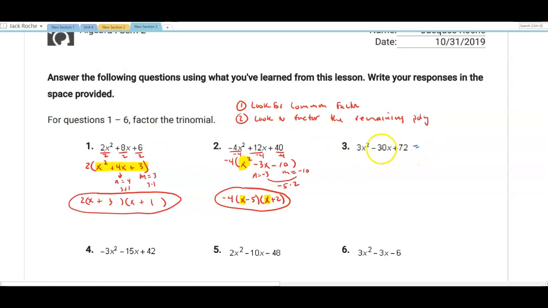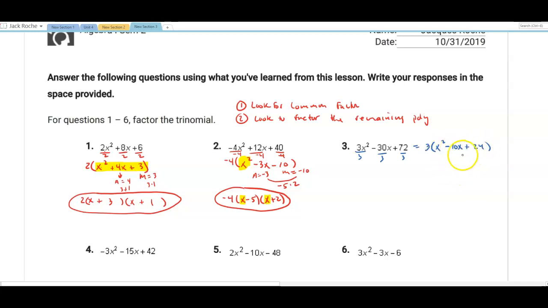The next one, 3, 30, and 72 can all be divided by 3. So 3 times, I'm going to divide these by 3. And what am I left with after the GCF? I'm going to get x squared minus 10x plus 24.